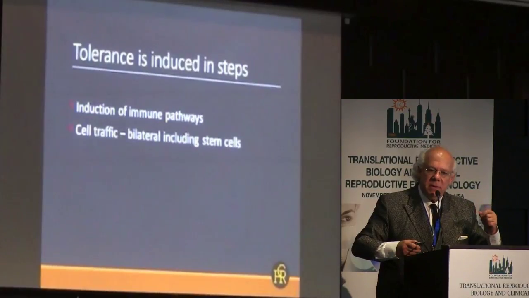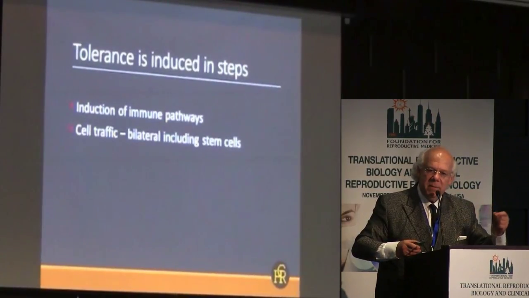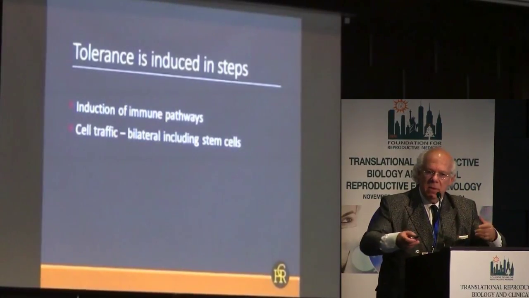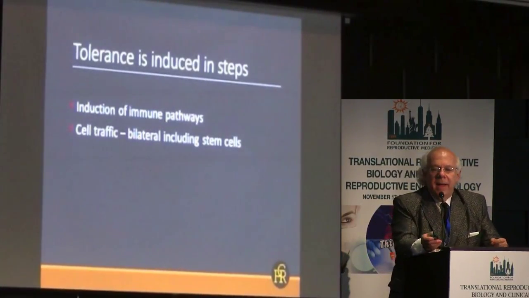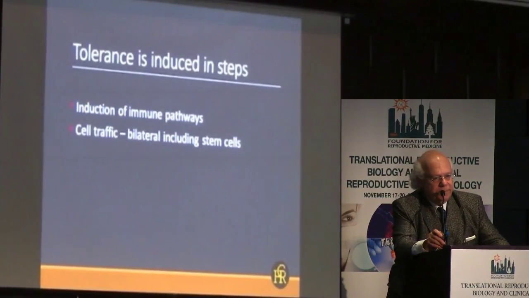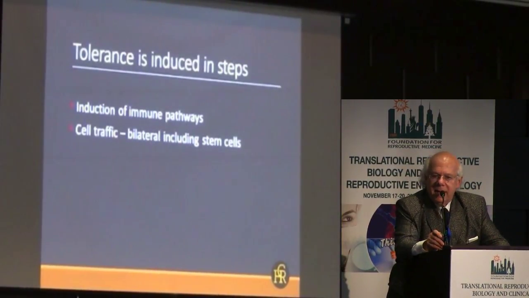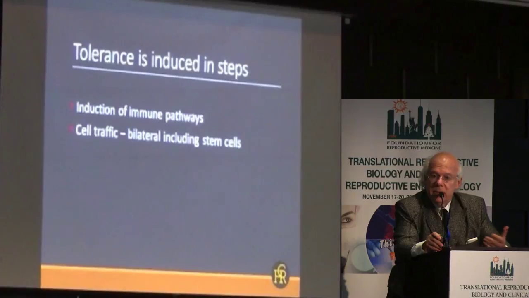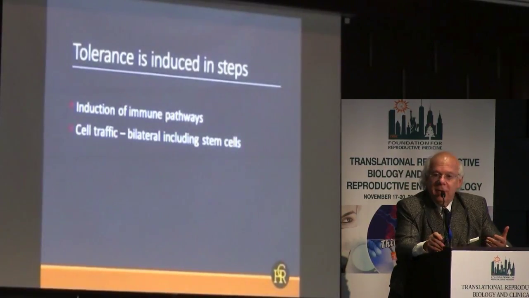And vice versa, cells from the recipient have to enter the donor organ. And think about it, the same thing obviously happens in pregnancy. In the second trimester, suddenly fetal cells are entering the circulation. We use that now for early prenatal diagnosis.